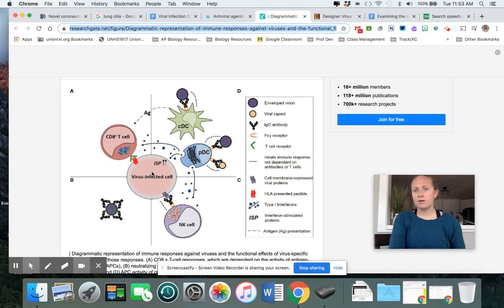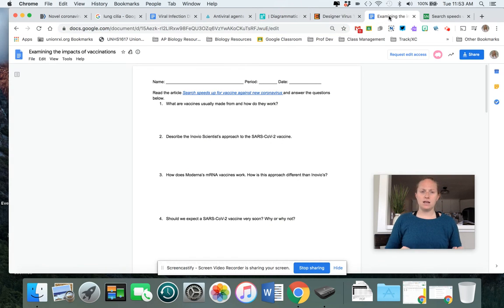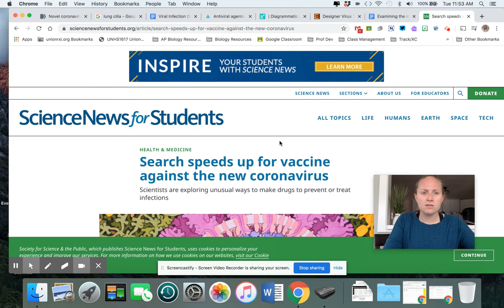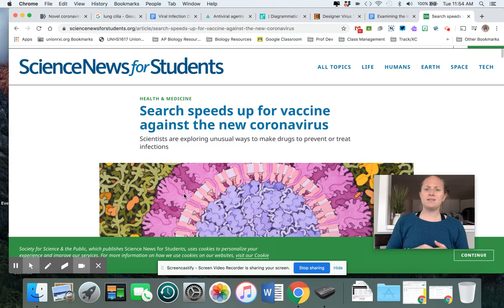And so today we're going to talk about coronavirus vaccination, and you're going to get this paper that I already printed for you. It's connected to an article. I'm attaching the article here. Here's what it looks like: Search speeds up for vaccine against new coronavirus.